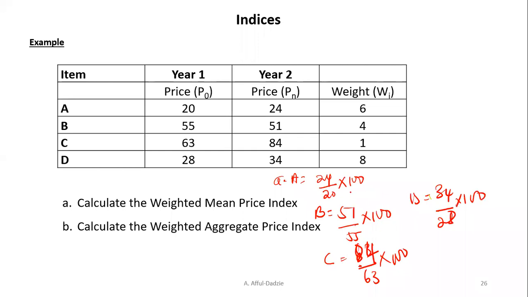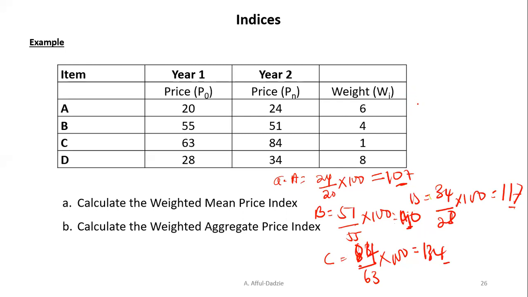Now, when you are done and have computed these values, let's say this is 107, let's say this is 90, I'm just giving fictitious values, and probably this is 134, and maybe this is 117. I'm just giving some examples. Now, initially, what we did was to sum these index numbers and divide by the number of index numbers. That's like taking the mean.